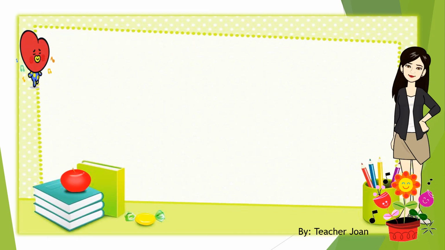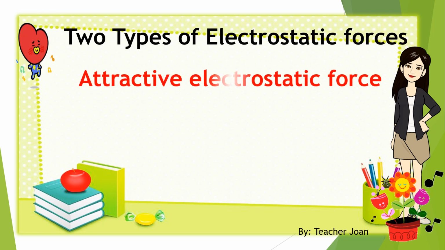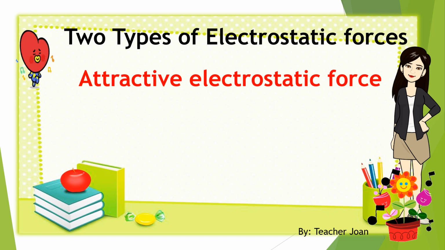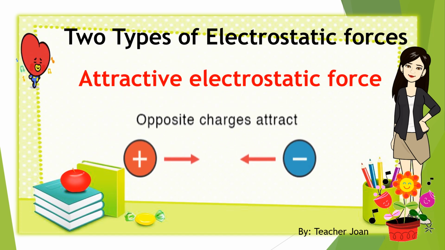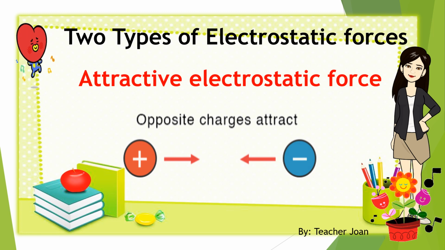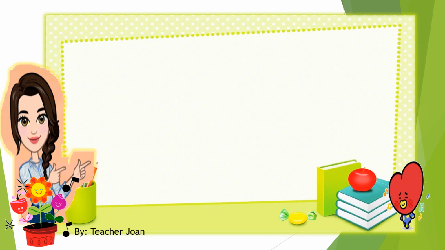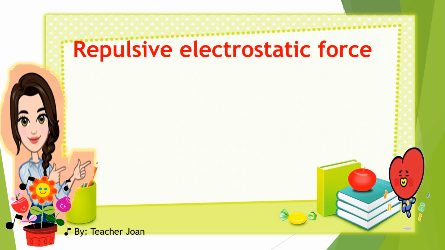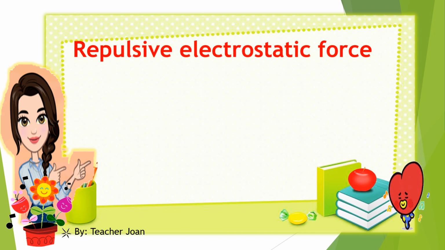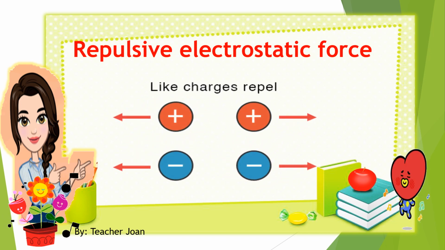We also have two types of electrostatic forces. The first one is attractive electrostatic force, which means opposite charges attract, the positive and the negative. Another type is the repulsive electrostatic force, which means like charges repel.